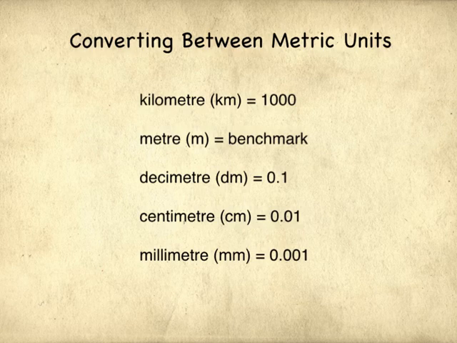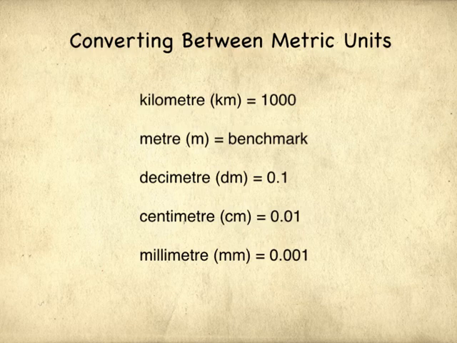So let's start from the bottom and move our way up. Now, in French, mille, for millimeter, means 1,000. And that means that there are 1,000 millimeters in a meter. Or we can say that a millimeter is 1/1000th of a meter.